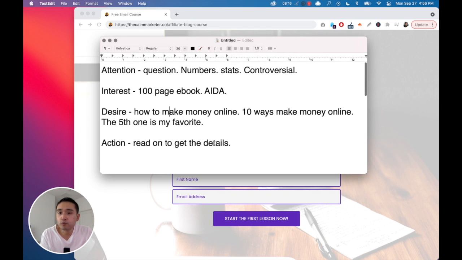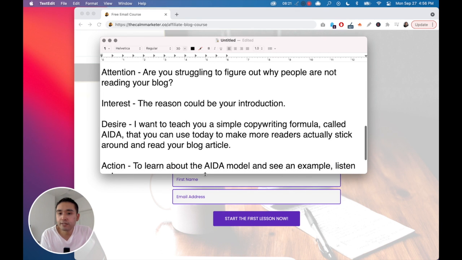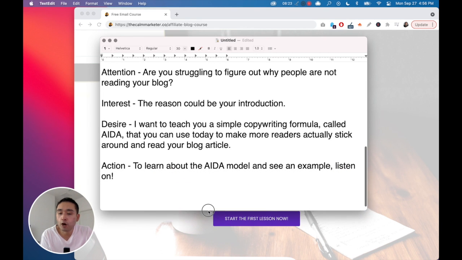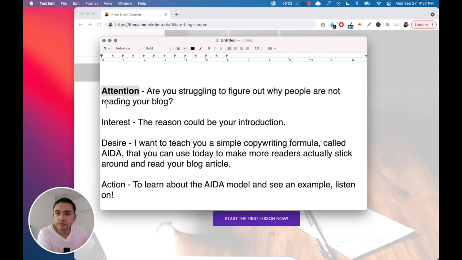So first one is attention. Okay, so I want to say, for example, target bloggers and how they could use the AIDA model to write blog articles. So the attention is, are you struggling to figure out why people are not reading your blog? And that's a very common question that people have.